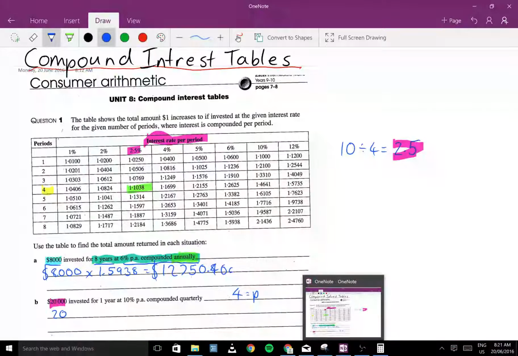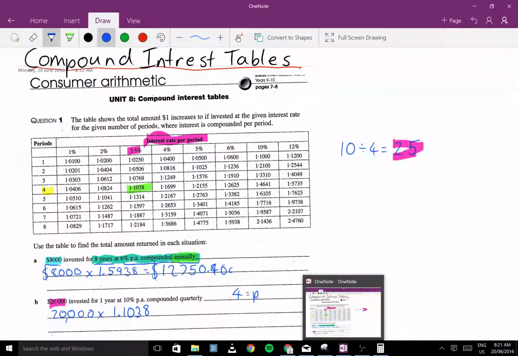Now I start the business with the 20,000. I said it would be important, and now it is. I times that by the number from my table for the interest rate per period and number of periods, 1.1038.